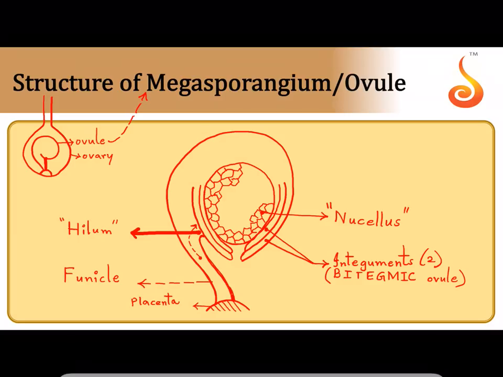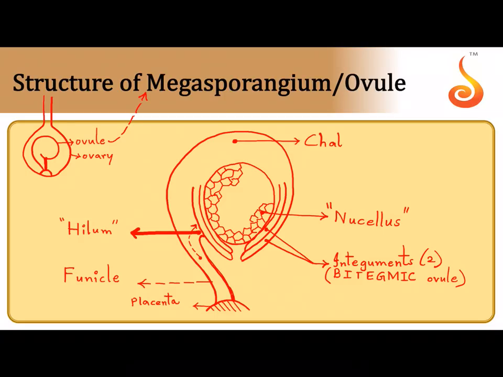And then the opposite side, this is the base of the ovule. The base of the ovule is referred to as the chalaza. Now I want all of you to notice that the integument is not there at this point. See, there is an opening here. This opening of the ovule, where what is missing? The integument is missing. This is referred to as the micropyle.